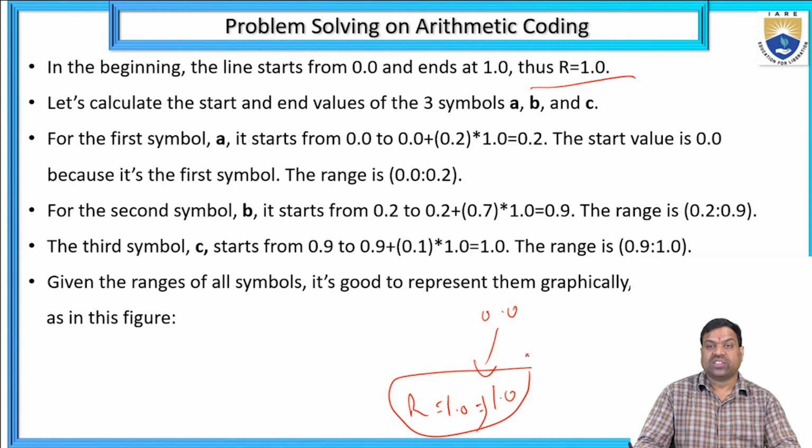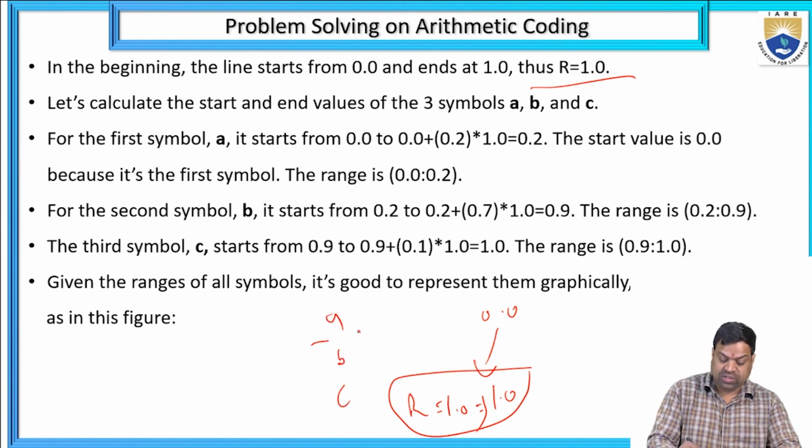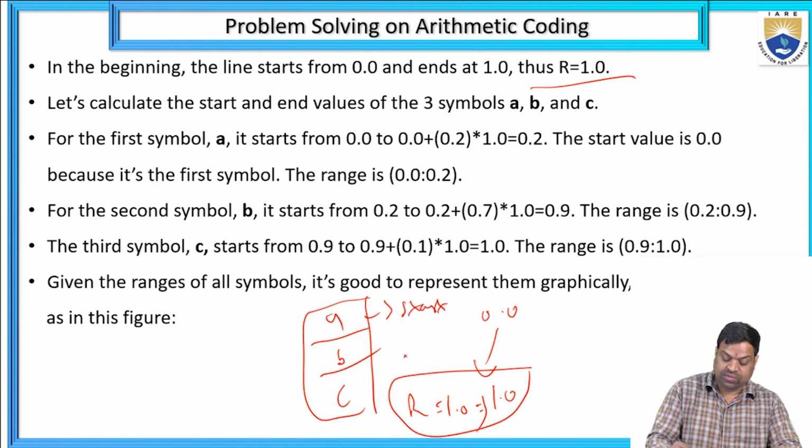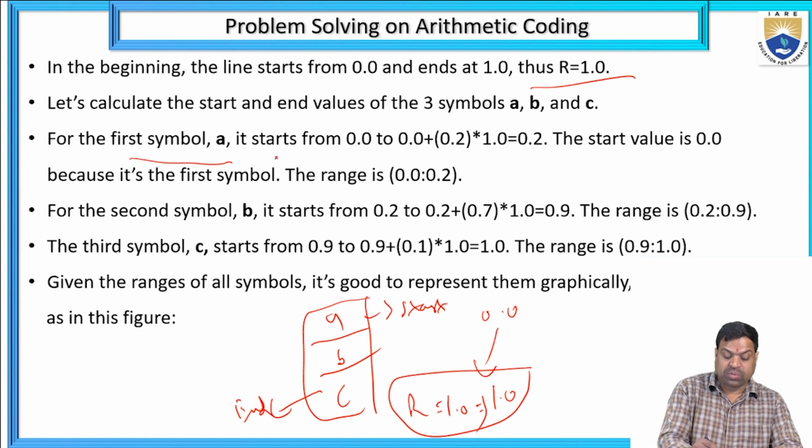Let's calculate the start and end values of A, B, C. For the first symbol A, it is from 0.0 to 0.0 plus 0.2 into 1.0, which is 0.2.